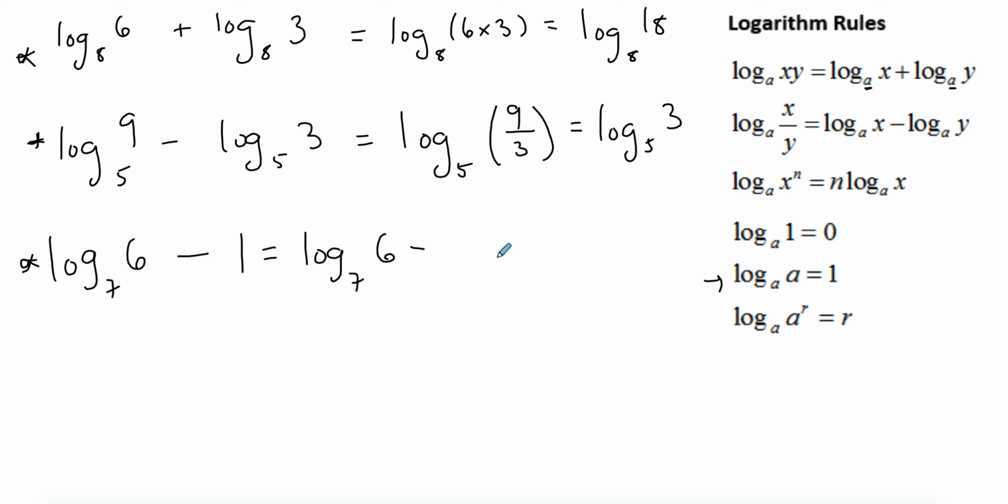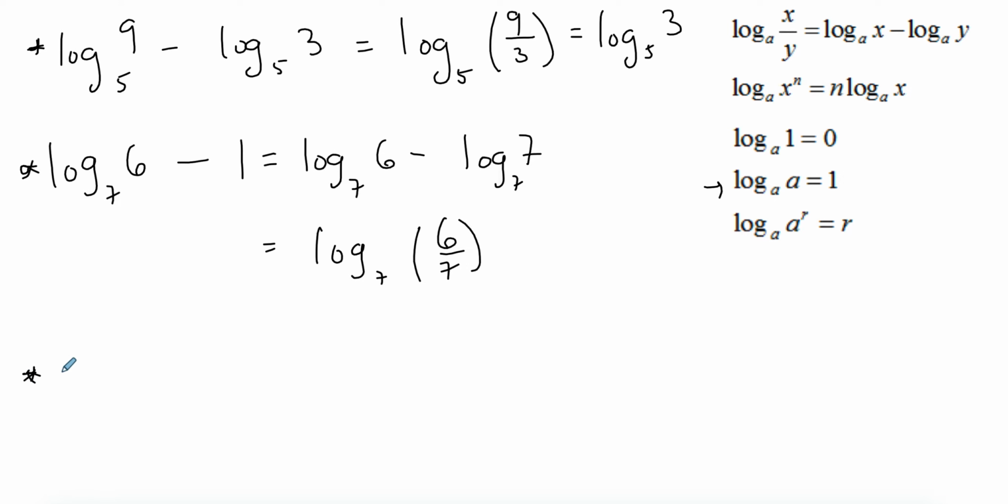But I want to be able to then use the second rule, which means I'd prefer to make the bases the same. So I'm going to make it log base 7 of 7, which should be equal to 1. Because I have the same base, I can now use the second rule. If I use a different base, there's no point in me converting the 1, because I'm still stuck. So using the same base here is going to help me use the second rule. So now I have log base 7 of 6 divided by 7. Make sure you always go in the correct order, so 6 divided by 7. You can leave it as such, you don't need to simplify it any further.